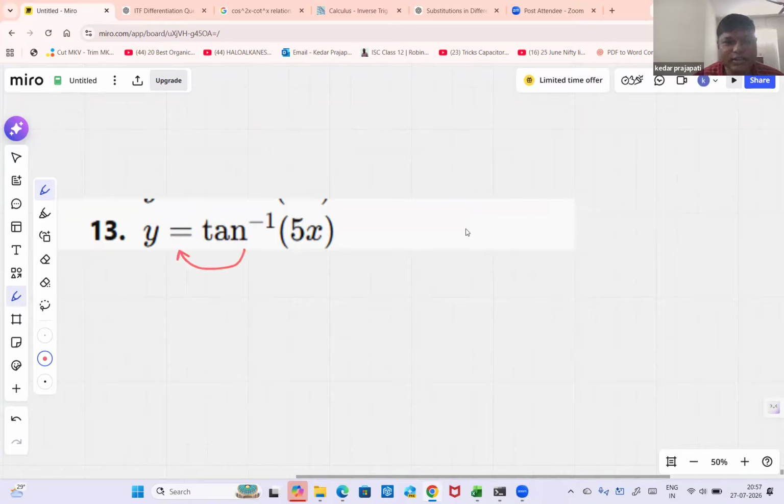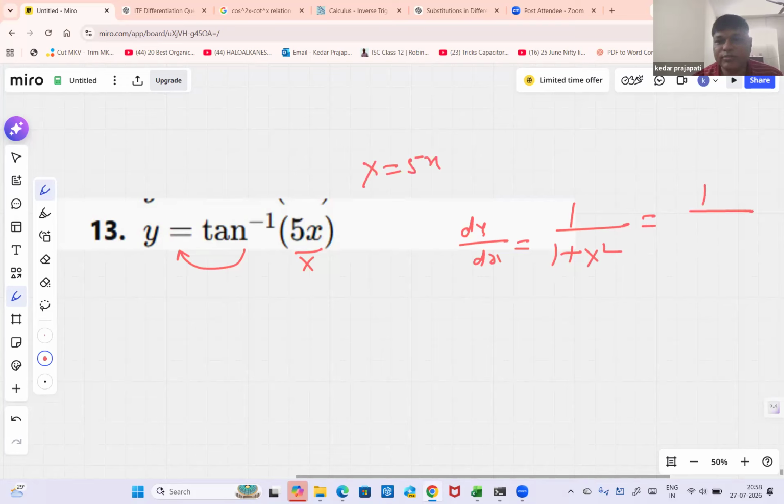Otherwise, you can simply write it like this: dy by dx is of tan inverse. Suppose this is x. So dy by dx will be how much? 1 by 1 plus x square. Right? And x is nothing but 5x. Here x equal to 5x. So you can write it 1 plus 5x whole square.